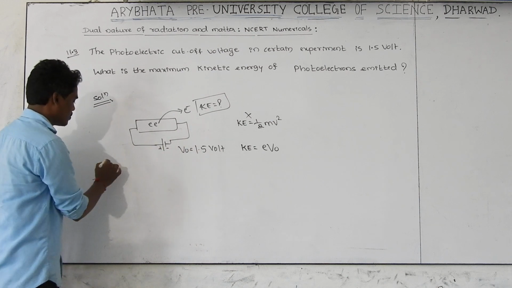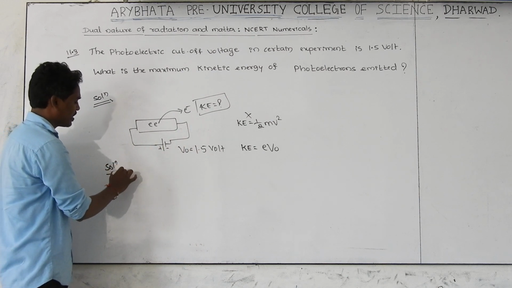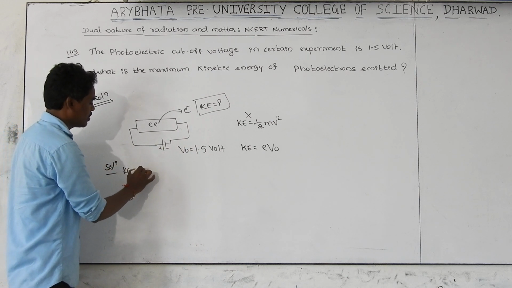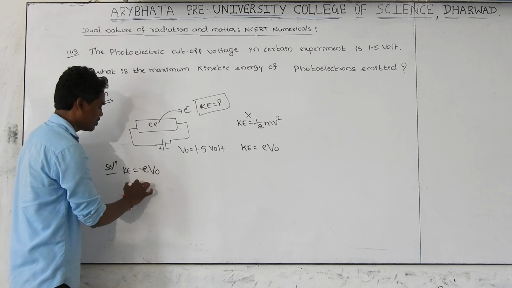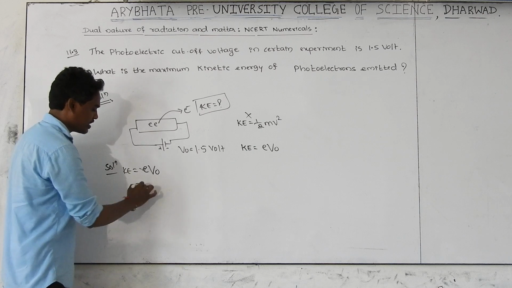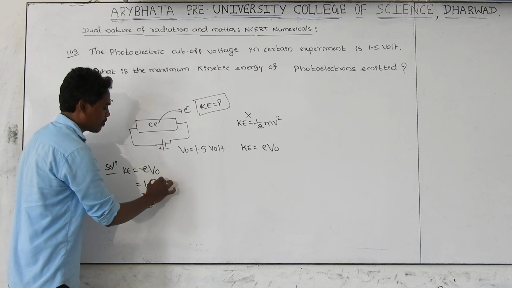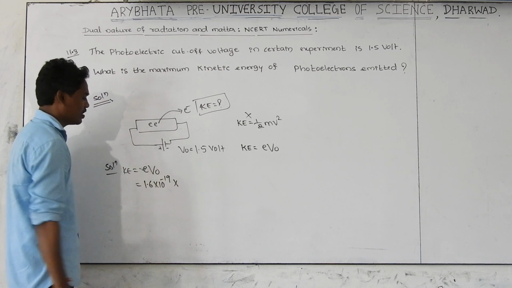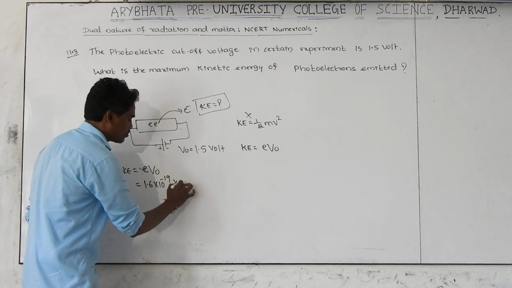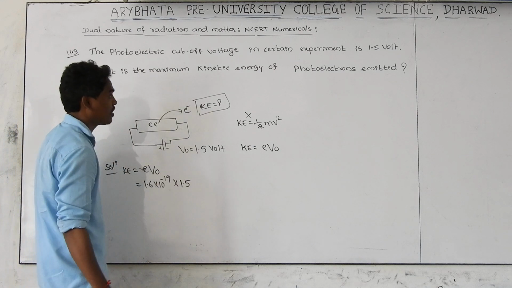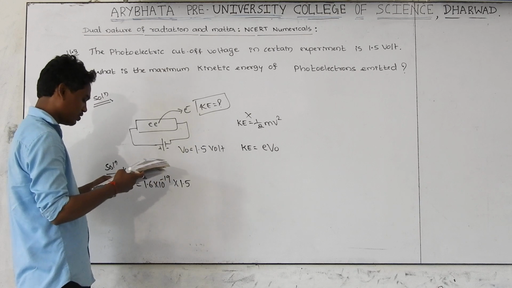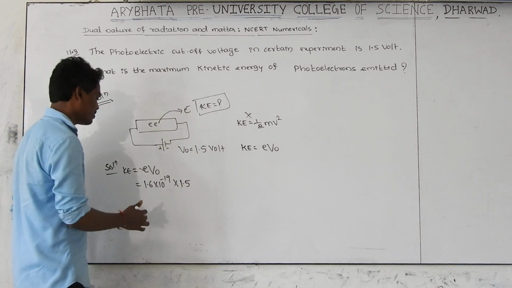That's why use the solution. Kinetic energy, in terms of stopping potential, the formula is e into V naught. The e value you know very well, that is 1.6 into 10 to the power of minus 19 coulomb, into the V naught value given, that is 1.5. This is electron volt, just volt is there.